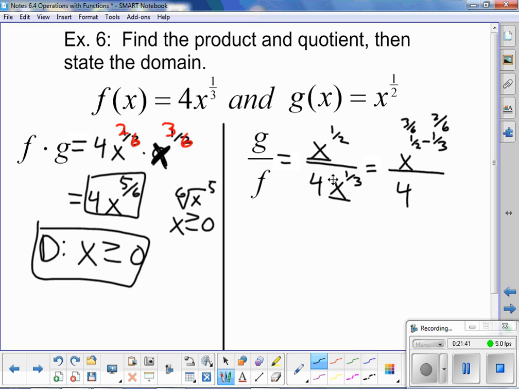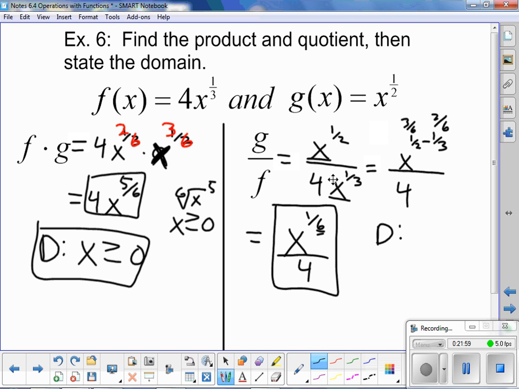Make sure that's right. 3 minus 2 is a 1. So x to the 1/6 power over 4. There you go. Once again, we have an even root here. So your domain is going to be x is greater than or equal to 0. All right, so that's it.